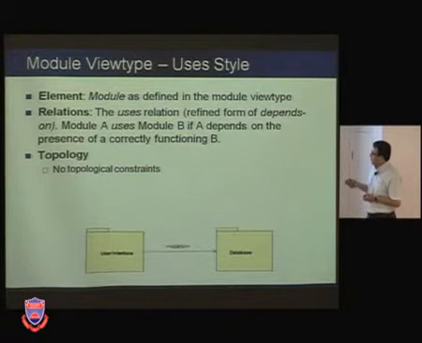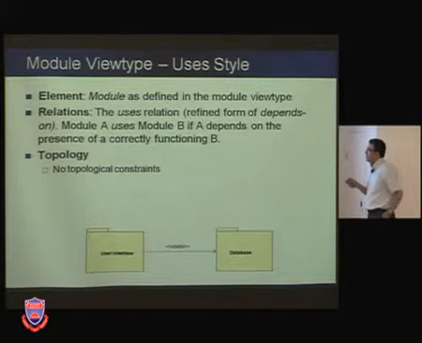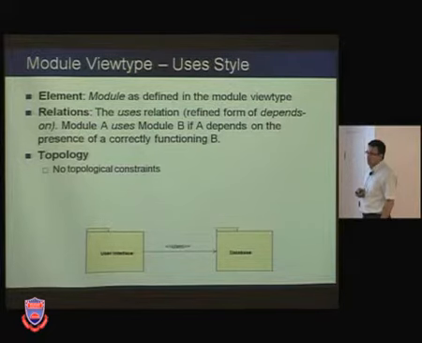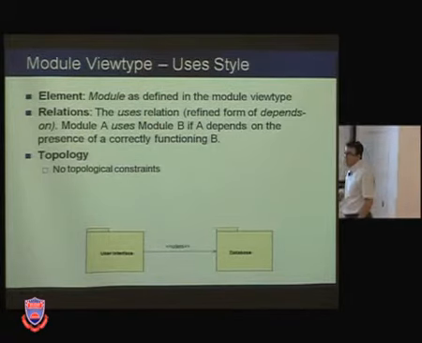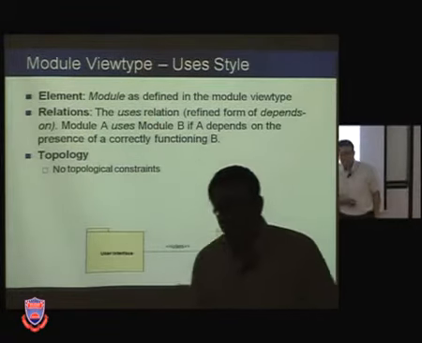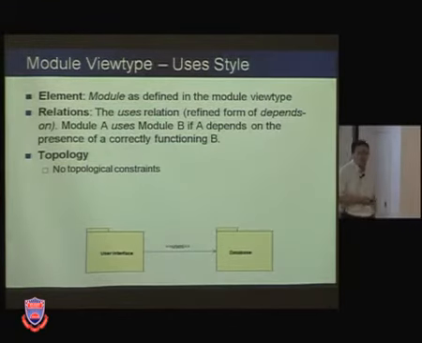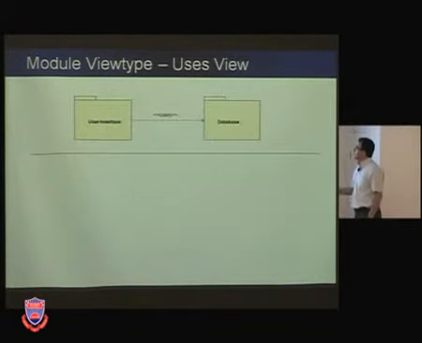The relation is defined as: module A uses module B if A depends on the presence of a correctly functioning B. Example: user interface, users database. There are no topological constraints. Quite easy. Uses style.